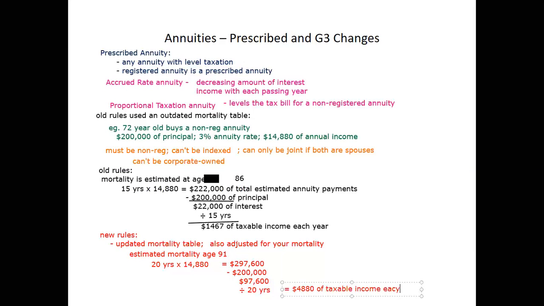And that is really what's happened. That's about representative of the true effect of the changes in prescribed annuity taxation. It doesn't necessarily kill the prescribed annuity, but you can see that's a big difference, right?